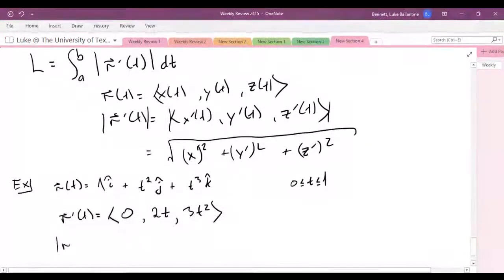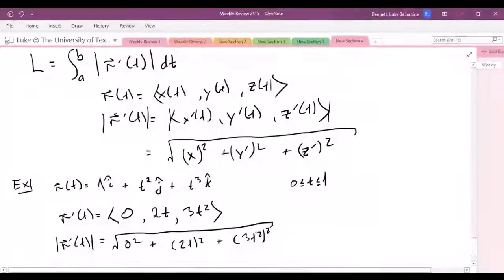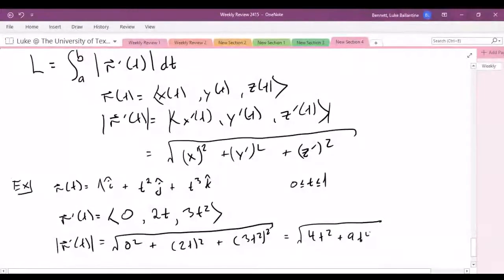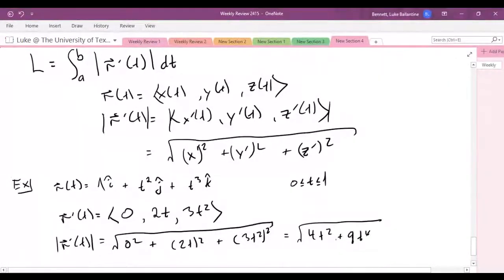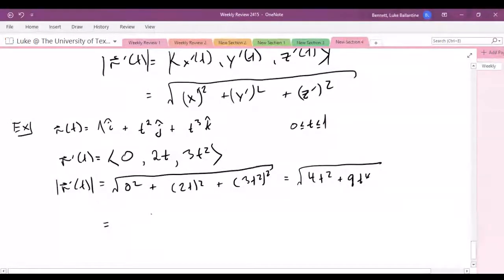Magnitude of this guy. Well, this is the square root of 0 squared plus 2t squared plus 3t squared squared. So this is going to be the square root of 4t squared plus 9t to the 4th. But look what I can factor out. I can factor out a t squared.